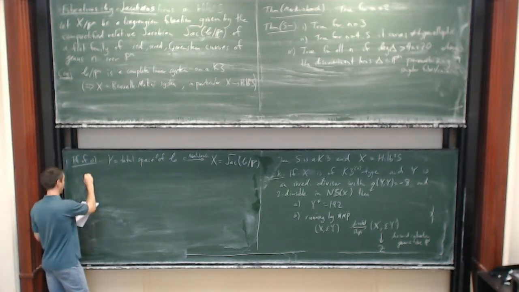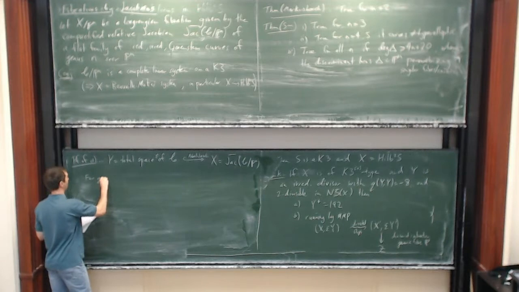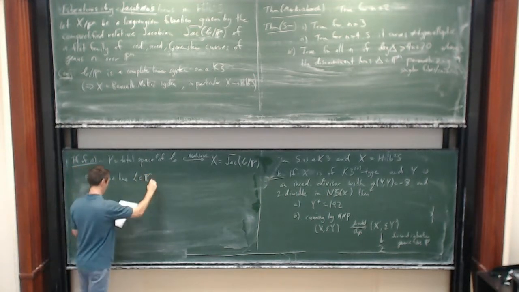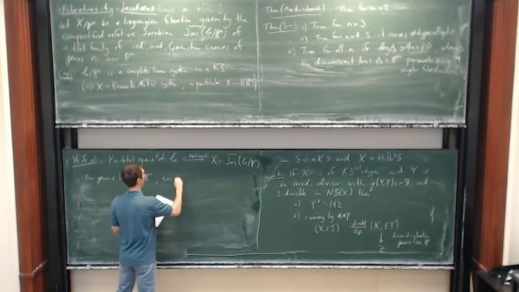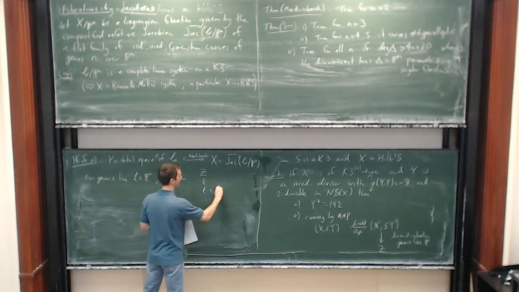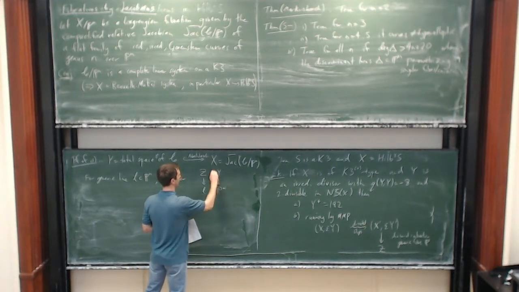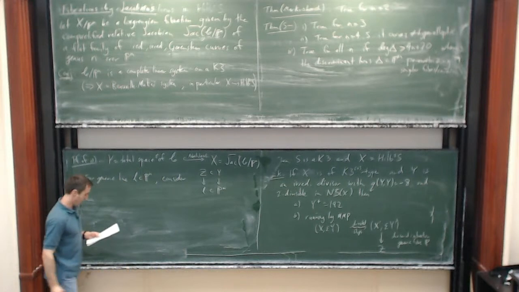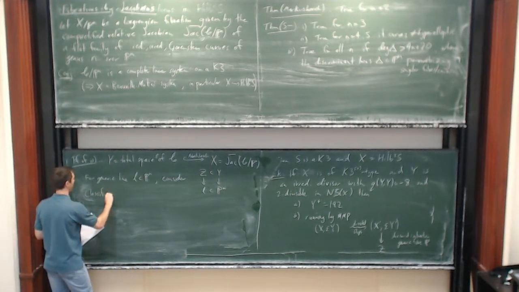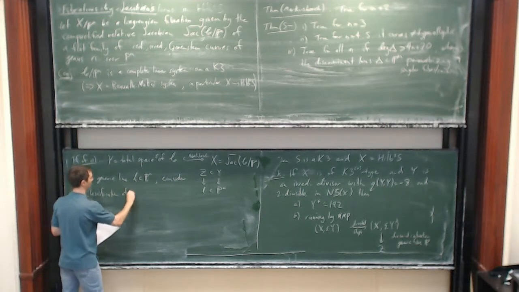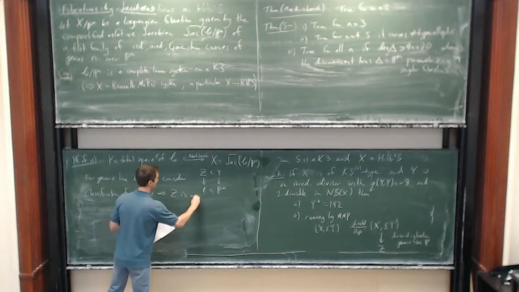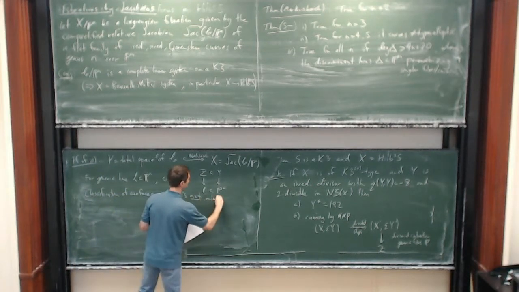So for generic line L in Pn, consider the surface sitting above L inside this family, and then use classification of surfaces. Z is not minimal.